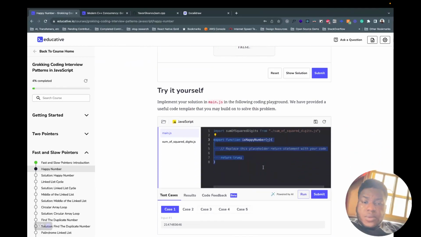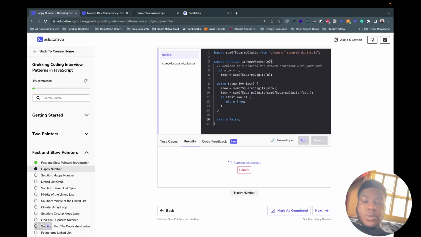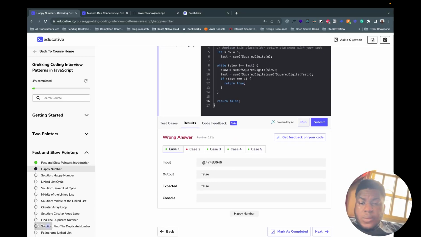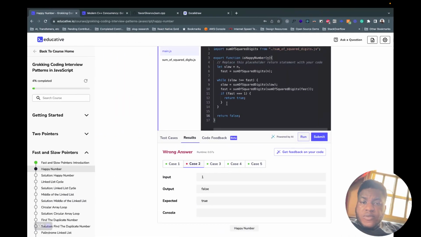Seems super easy. Probably wrong though. Oh, mostly right. How about that? Oh, it started off as 1, so I need to add that case. What happens if I just move this up?